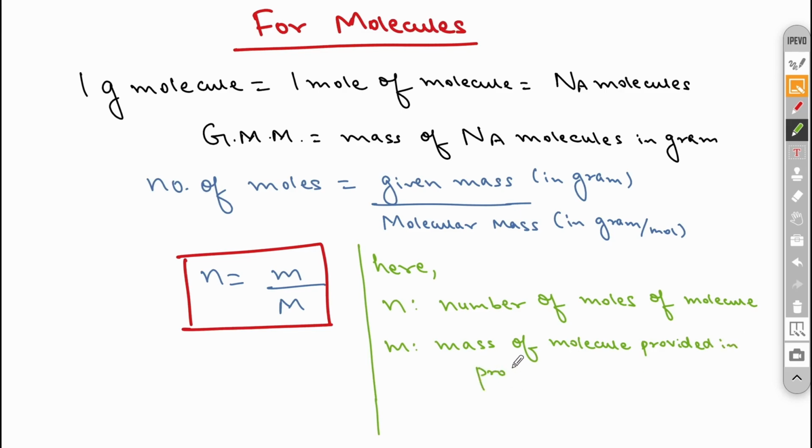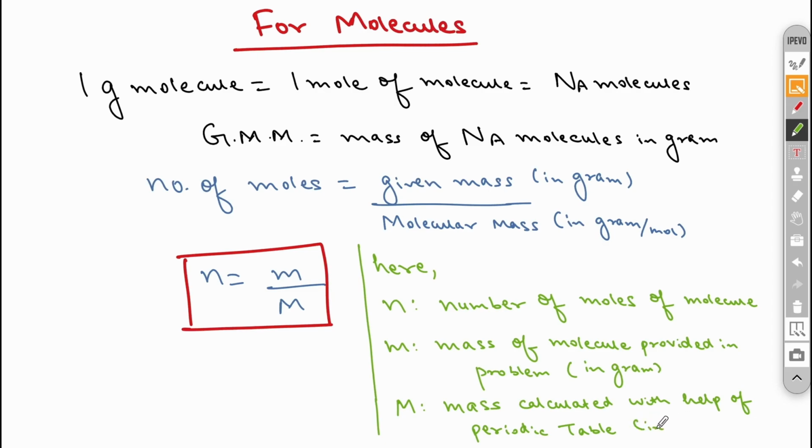This is generally provided in the problem, which is the given mass. If it's not provided, you can simply use this formula. And capital M is the mass calculated with the help of the periodic table, right? So this will be in gram per mole. Hope you understand this.